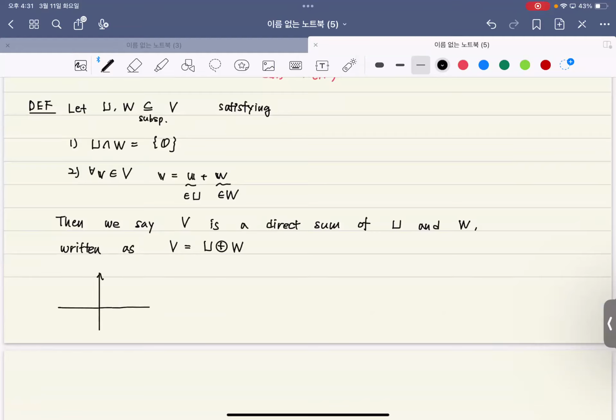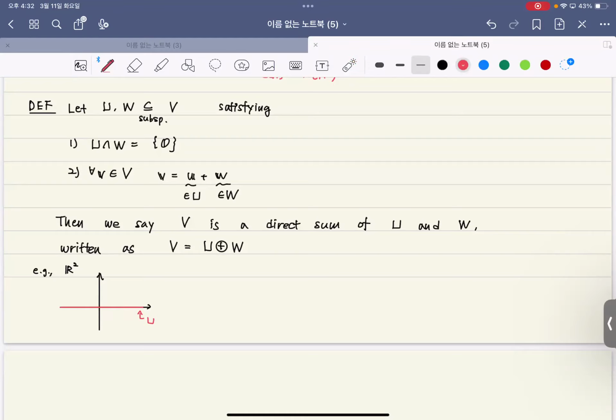So this is my ambient space, which is R2. Suppose that there is one subspace, U. Maybe this is spanned by the standard unit vector e1.